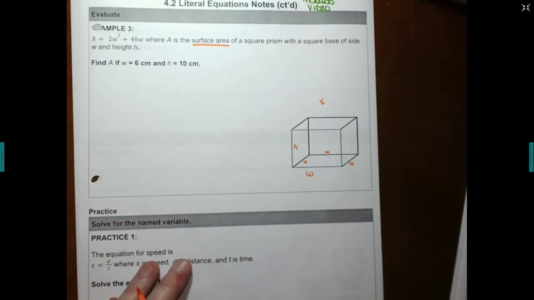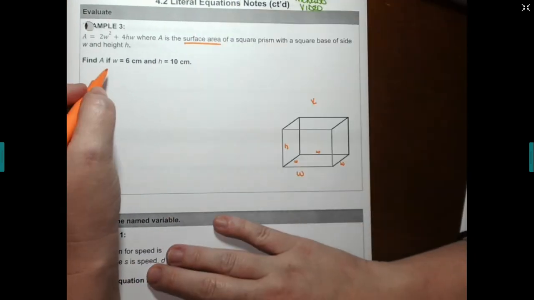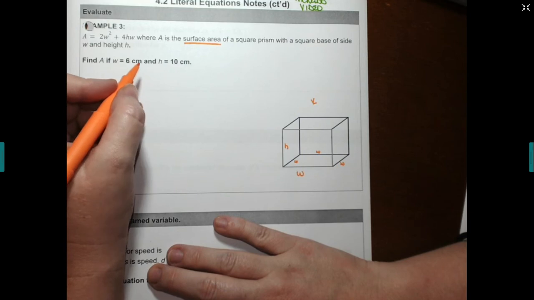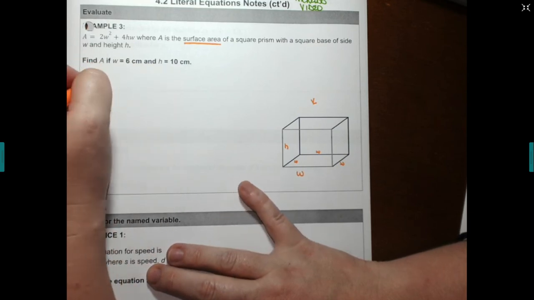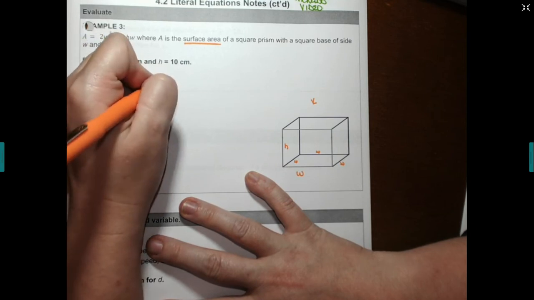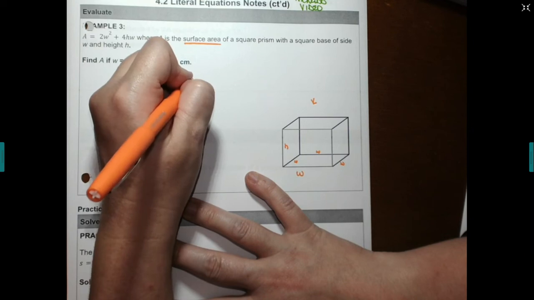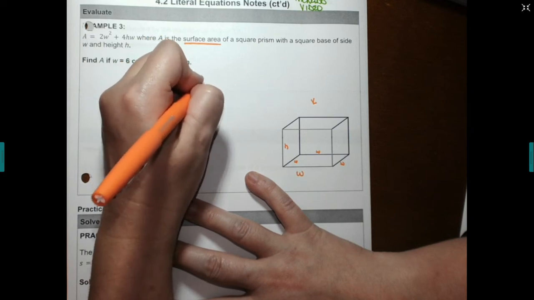Okay, so they want us to find A if W equals 6 and H equals 10. So we know that A equals 2W squared plus 4HW.